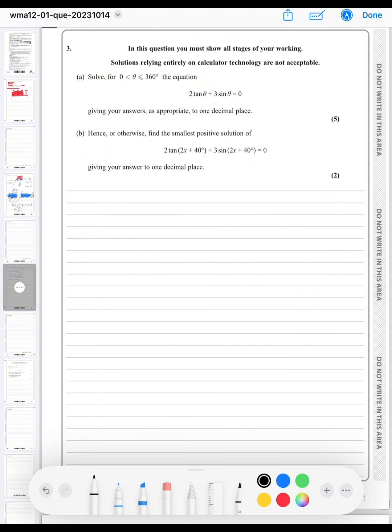The basic concept of trigonometry is that whenever you have this kind of question, your main goal is to keep a trigonometric ratio on one side and a number on the other side.